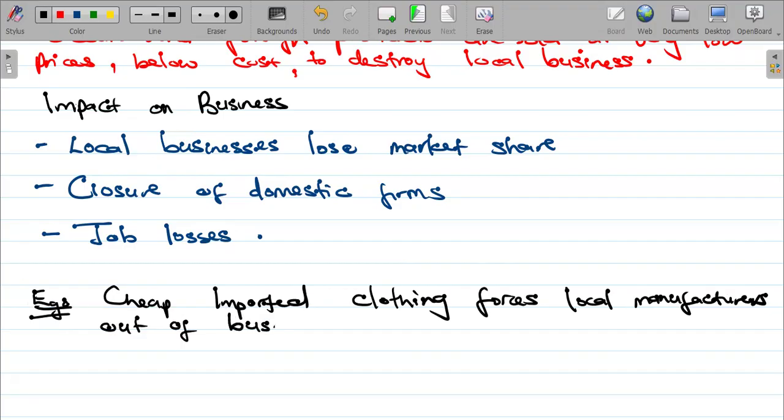They will be forced out of business because the imported companies will sell goods at a lower price, even below cost, right? So the local manufacturers will then be out of business, right?